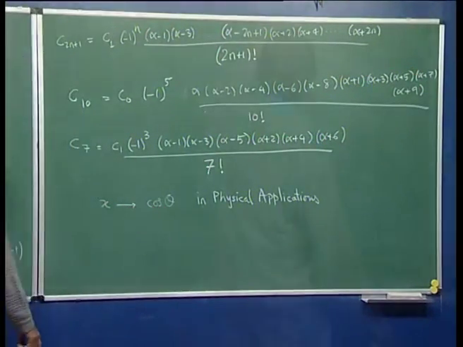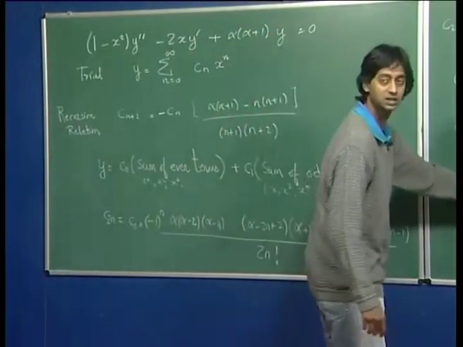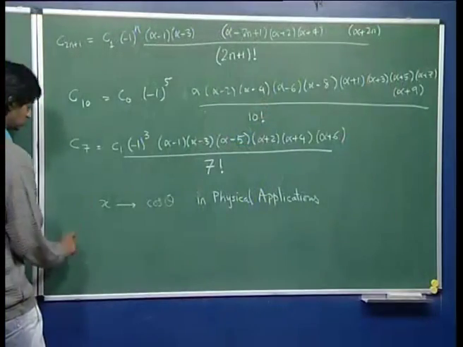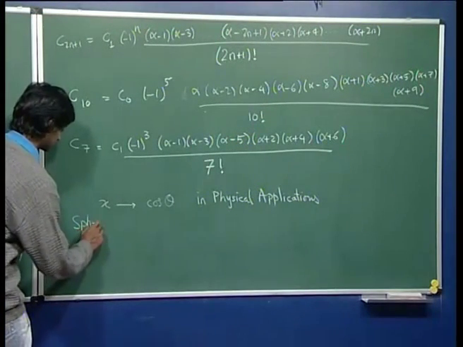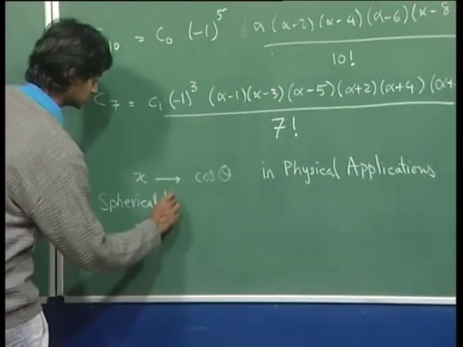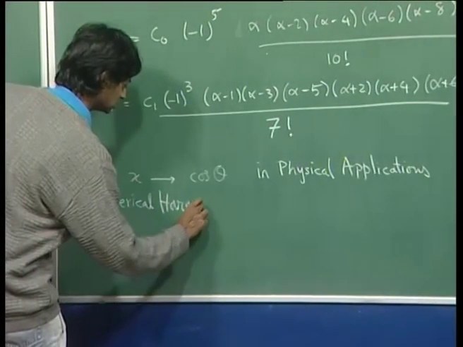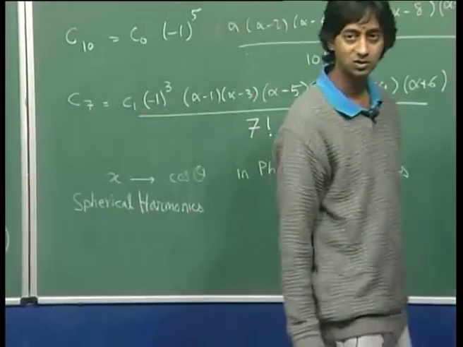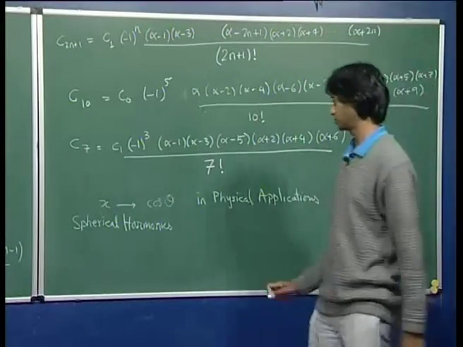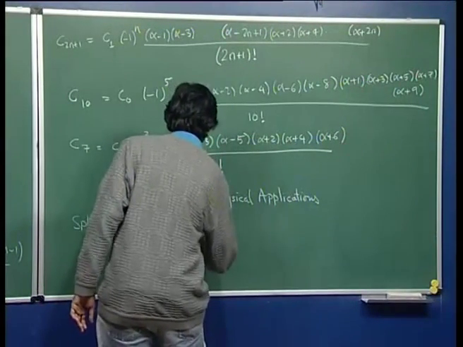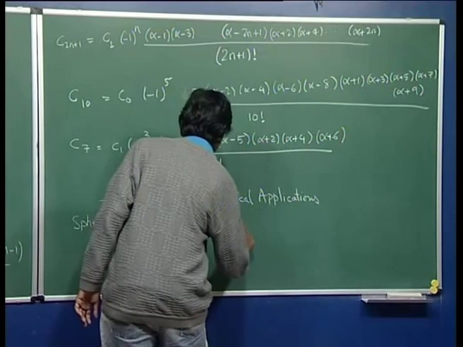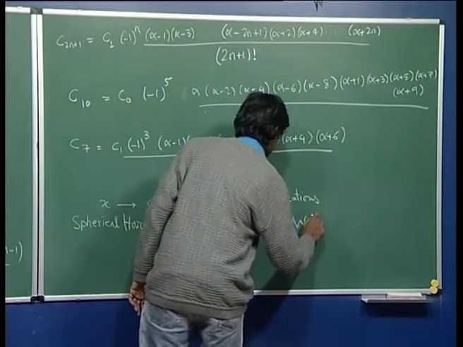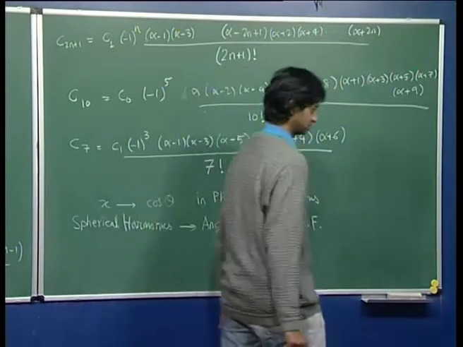Okay, so the wave function is a function of cos theta, and all these derivatives are with respect to cos theta. Okay, so this leads to the spherical harmonics, which are related to the angular part of the wave function.